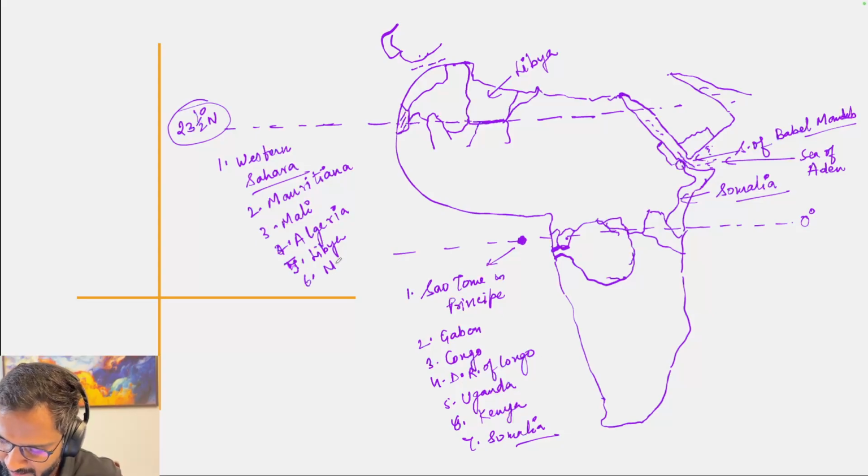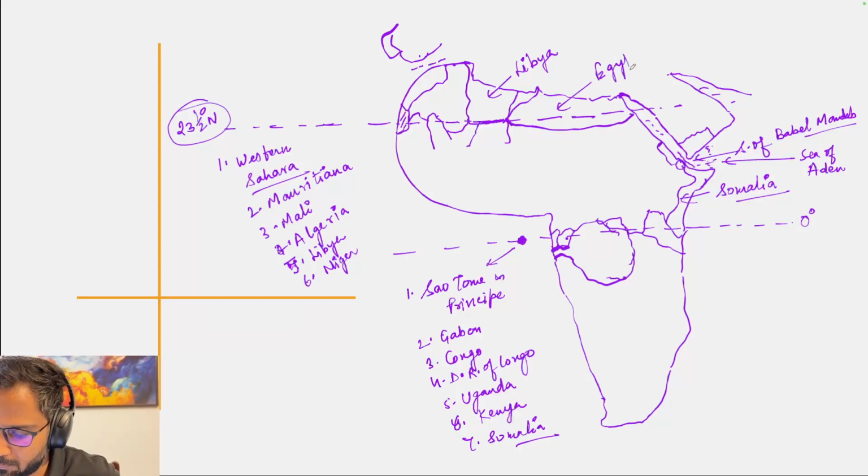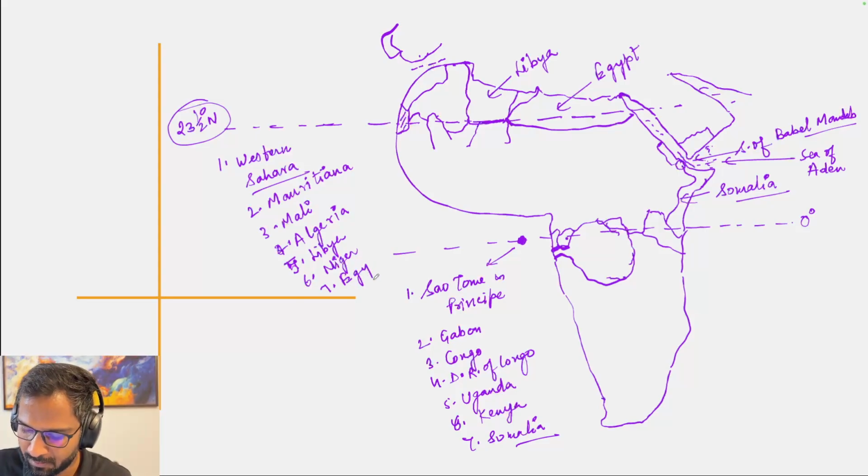Sixth is Niger. So the Tropic of Cancer forms a border between Libya and Niger. And then further if you move, you'll find this bigger country, Egypt. After Egypt, the Tropic of Cancer enters the Red Sea and then the Arabian Peninsula, Saudi Arabia and all.